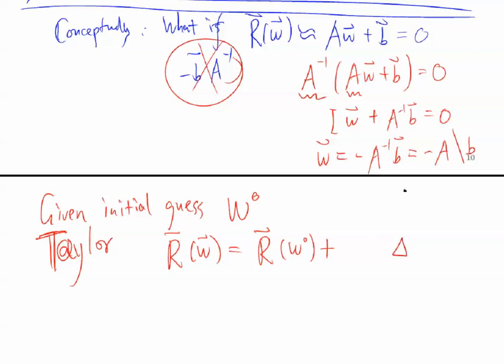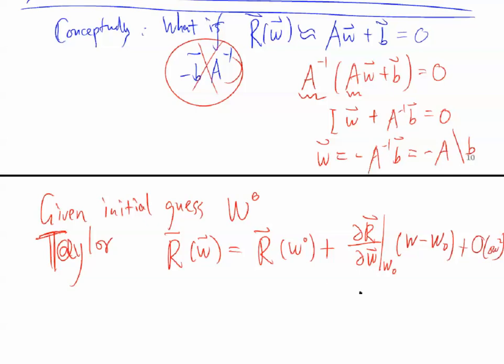Delta W, which is really W minus W0, multiplied with the derivative, which is partial R partial W at W0. Then plus higher order terms like delta W square. So yes, you guys are already an expert in Taylor series expansion, but only for one-dimensional functions.